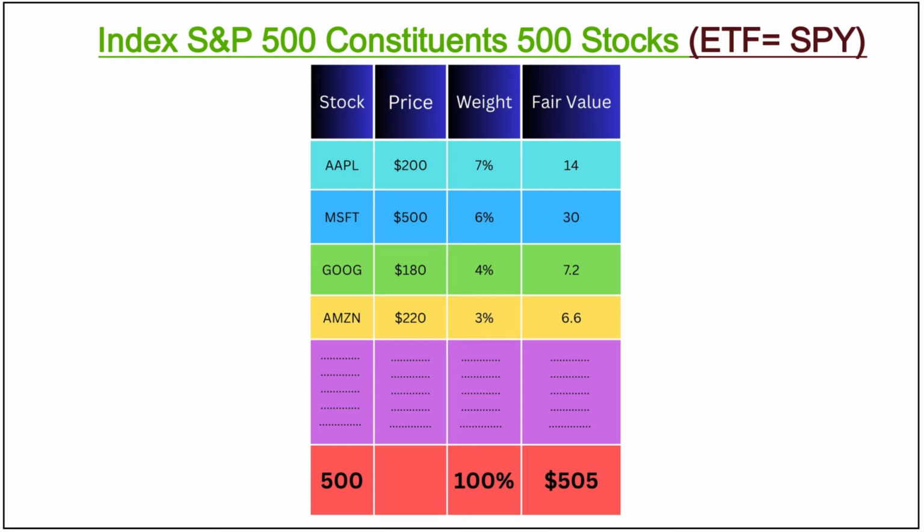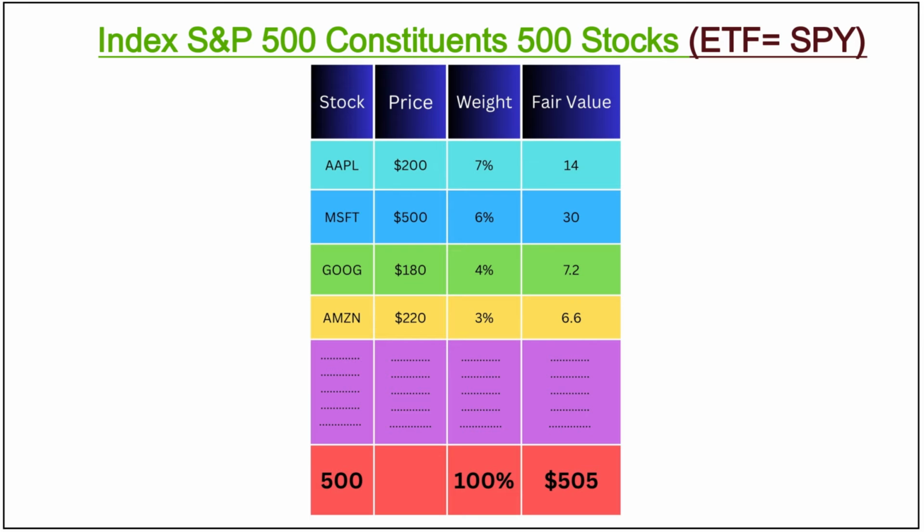Apple is $200, Microsoft is $500, Google is $180 and Amazon is $220. It's the same for other stocks as well. Then the weight: Apple is 7% of the S&P 500 index, Microsoft is 6% weight, Google 4% weight and Amazon is 3% weight.